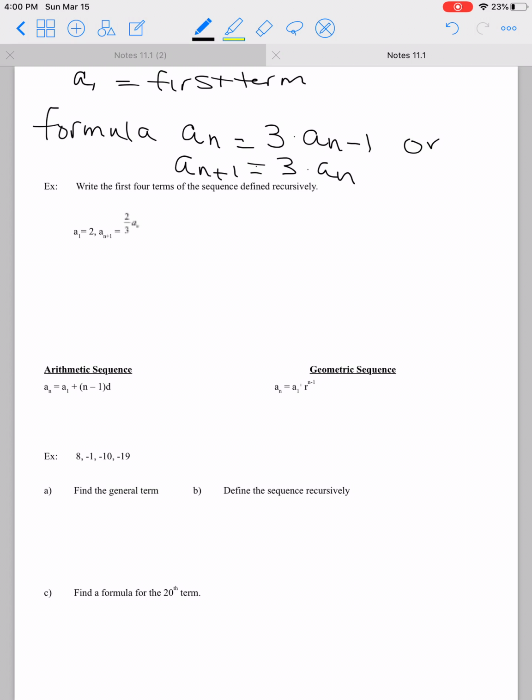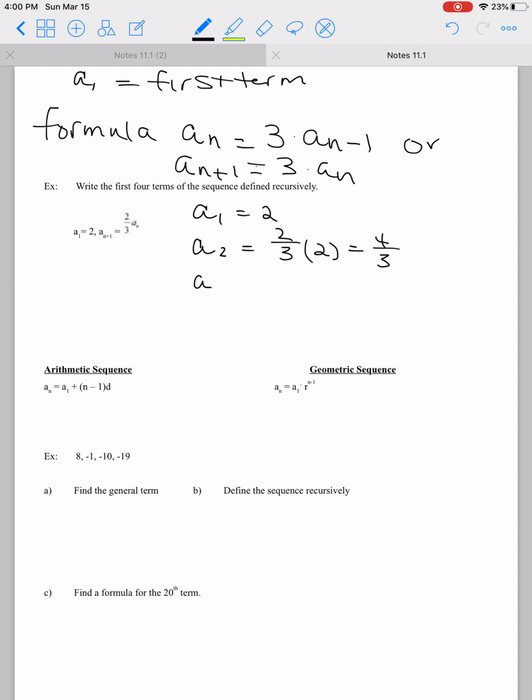So it says find the first four terms of the recursive formula. So we start with a sub 1 equals 2, and then to find a sub 2, we're going to take 2/3 times the previous one, which is 2, and that would be 4/3.